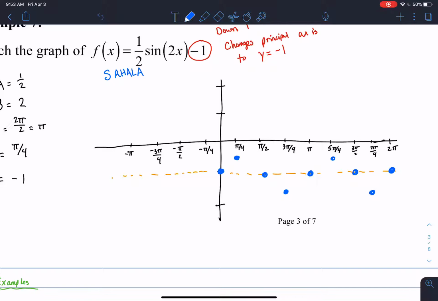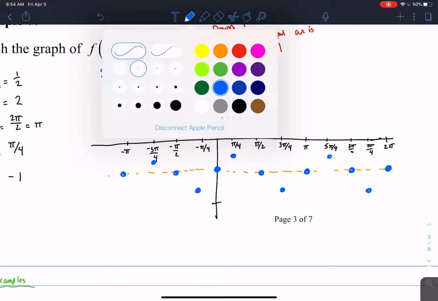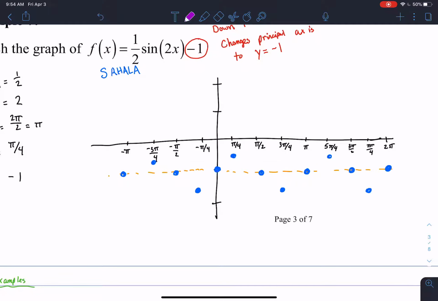And I'm going to do the same thing in the other direction as well. And then all you guys need to do is connect the points.